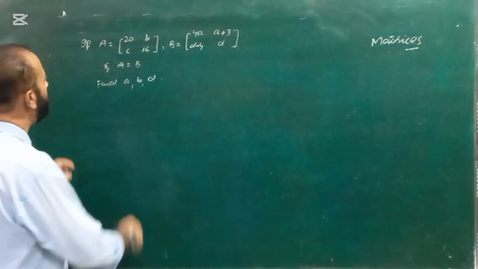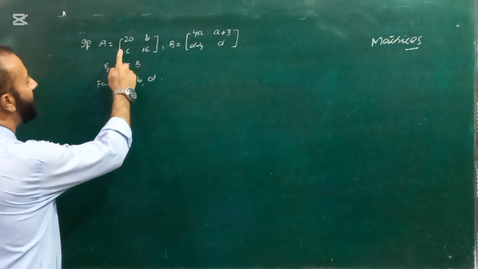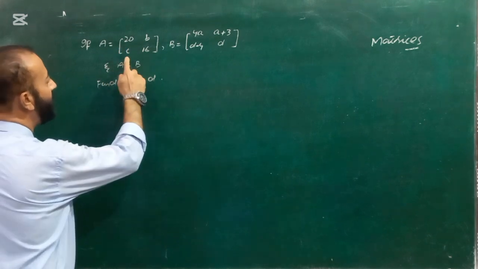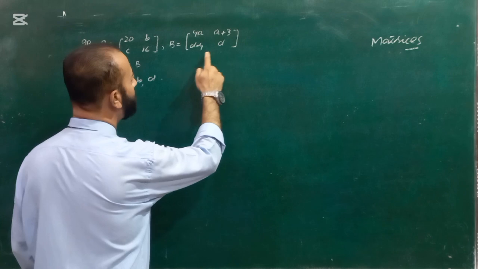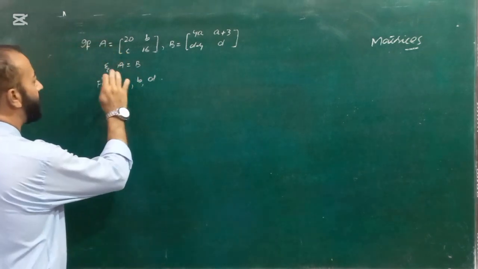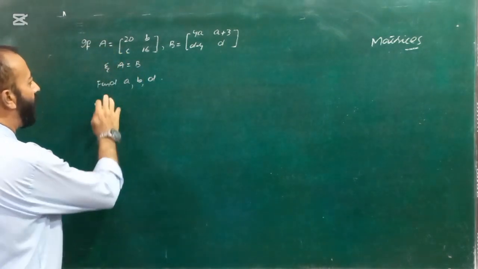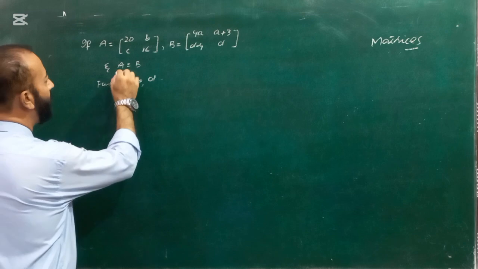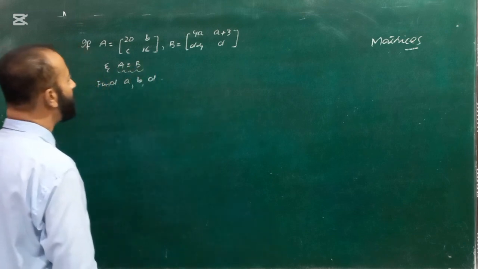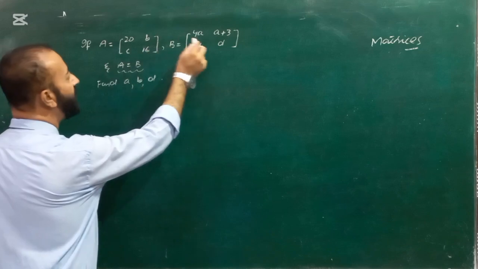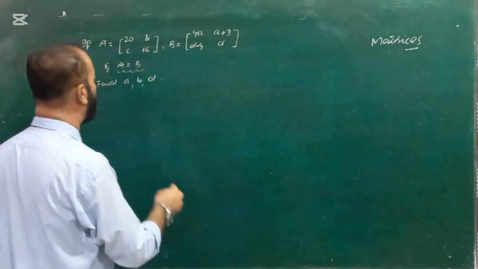Here is a question. The statement is: if A is 20, B, C, 16 and B is 4A, A plus 3, D minus 4 and D, and A is equal to B, find A, B and D. So it is given that the matrices are equal. It means if the matrices are equal, their respective elements will be equal.